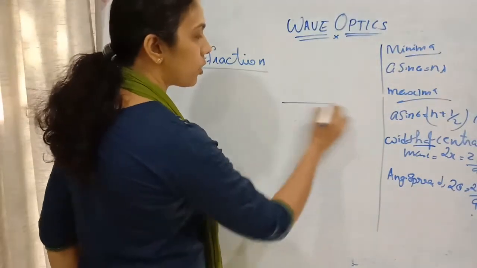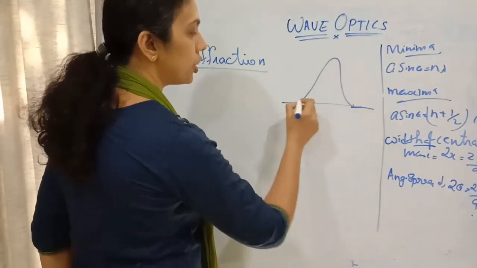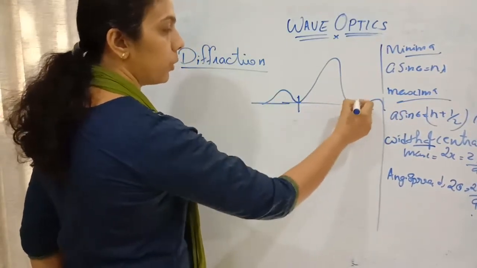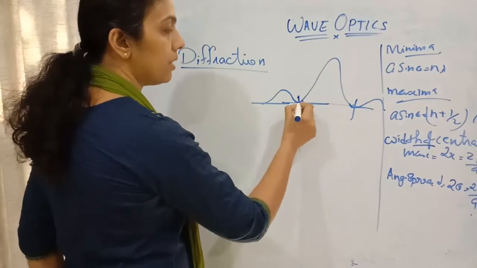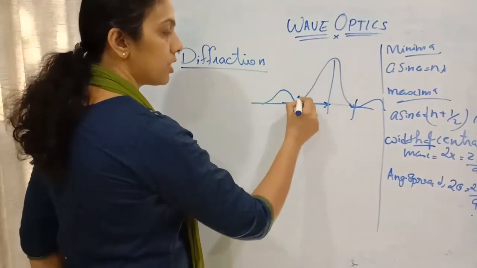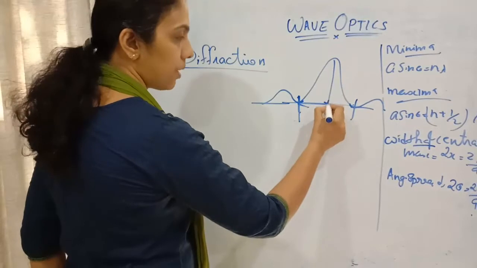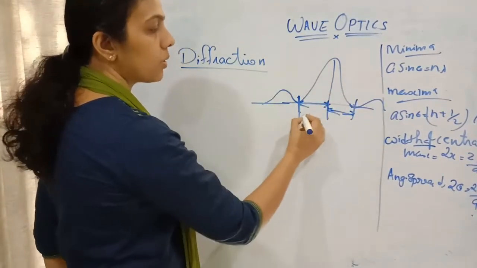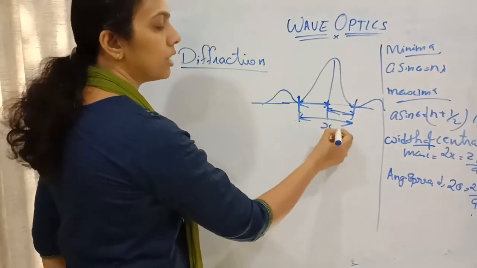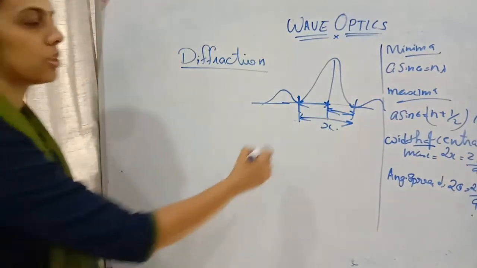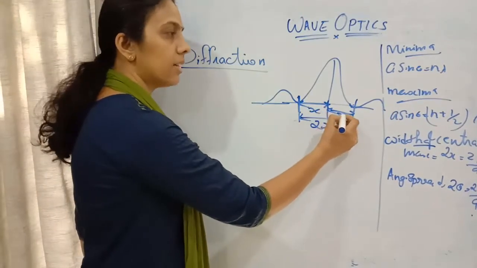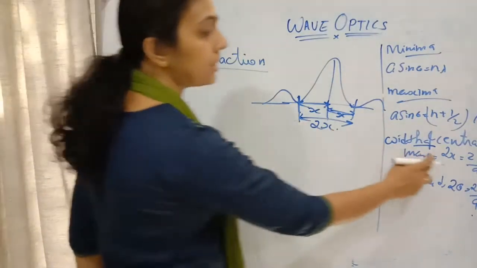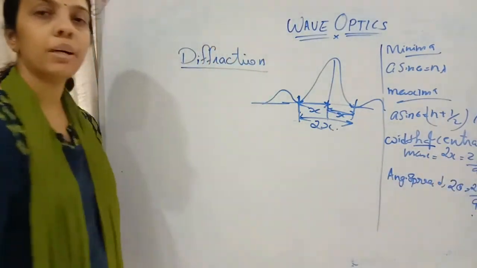When we were drawing the diagram, this is the position of maxima, then minima, then maxima, and so on. The total distance between the first minima on one side and the other side is the width of the central maxima, that is 2x equals 2 lambda capital D divided by a.